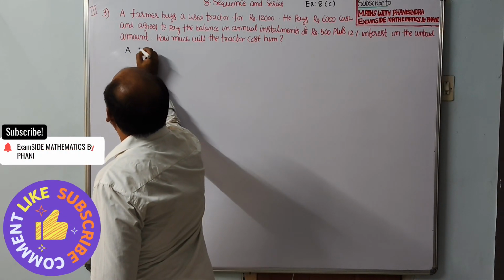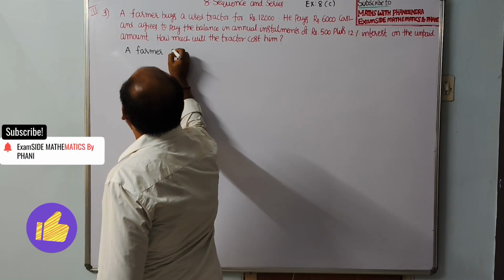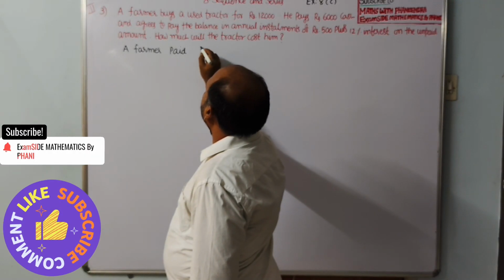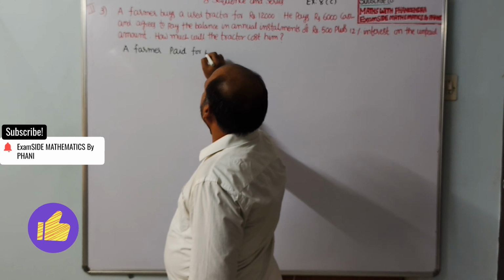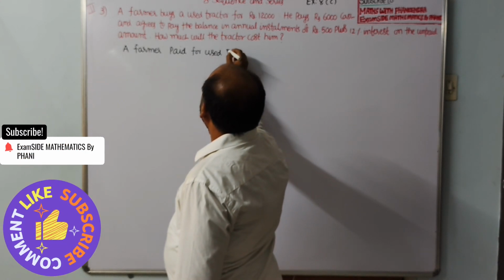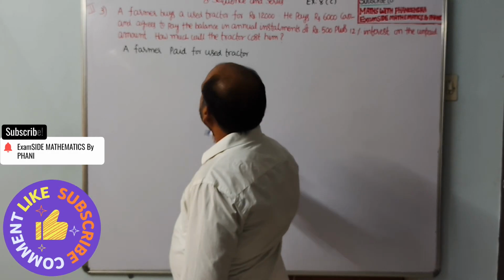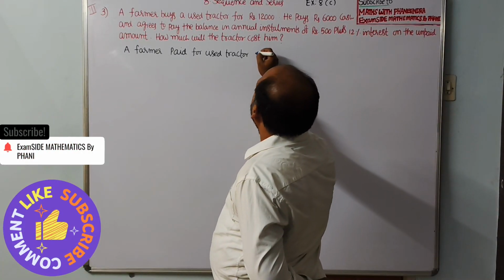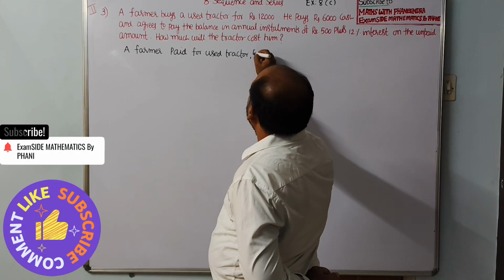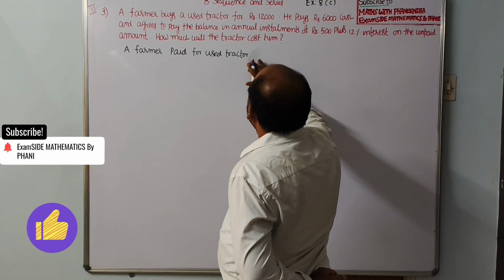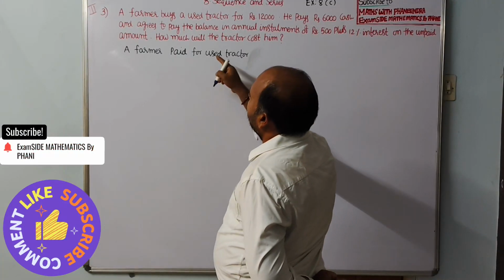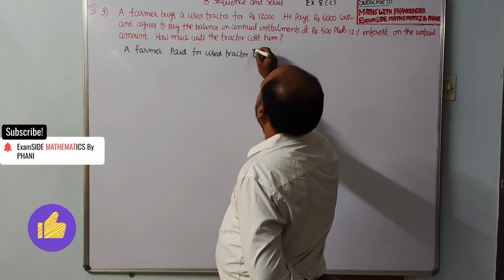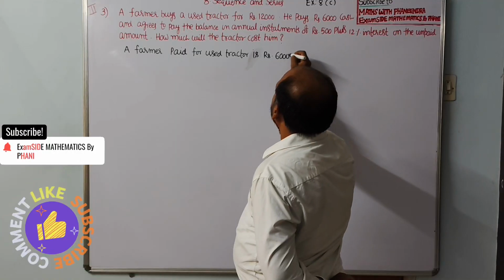So a farmer paid for the used tractor at the amount of rupees 6,000. Okay, dear students, this is the way you can write it.